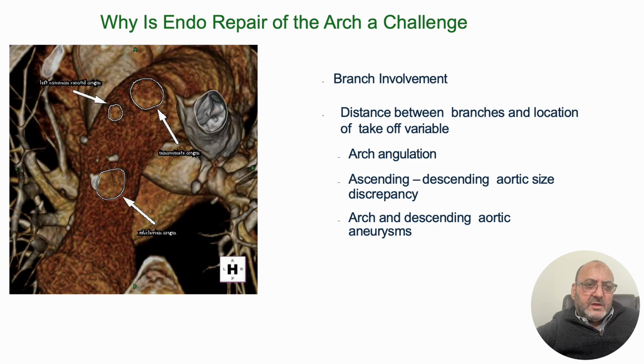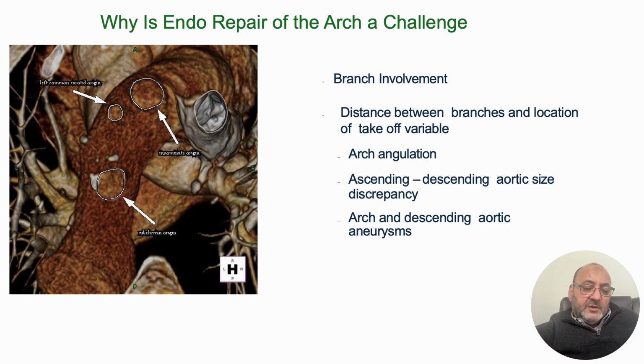Other things you have to look at in these types of cases are the distance between branches, the takeoff, the angulation, and the ascending and descending size discrepancies, because a lot of times, but not always, the ascending diameter is bigger.